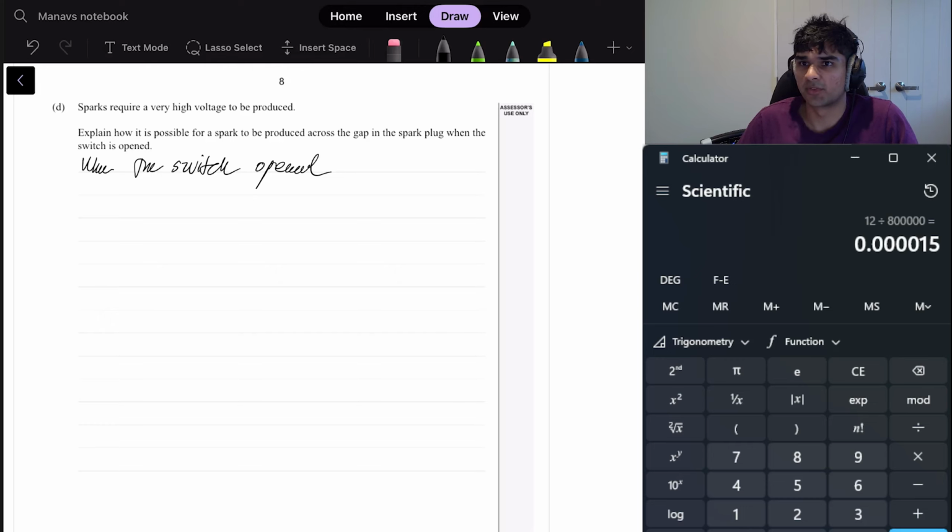Oh yeah. Okay, so when the switch is opened, there's such a large change in current in a short period of time.